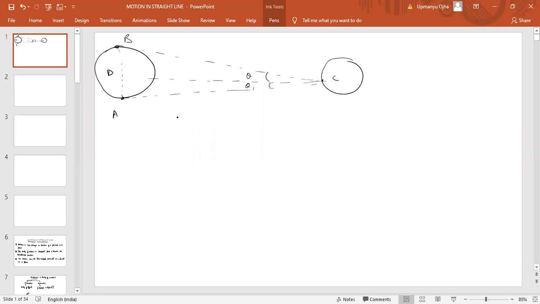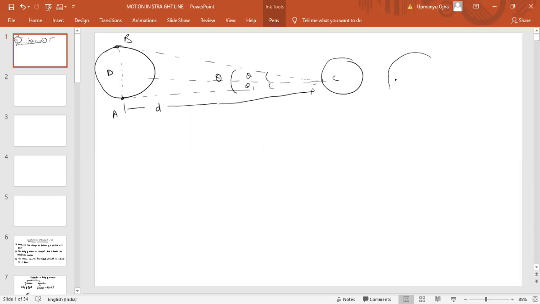Now let us suppose that the total angle is theta. The distance between the Earth and the Moon is, say, small d. Now remember one thing: the concept of arc and plane angle.